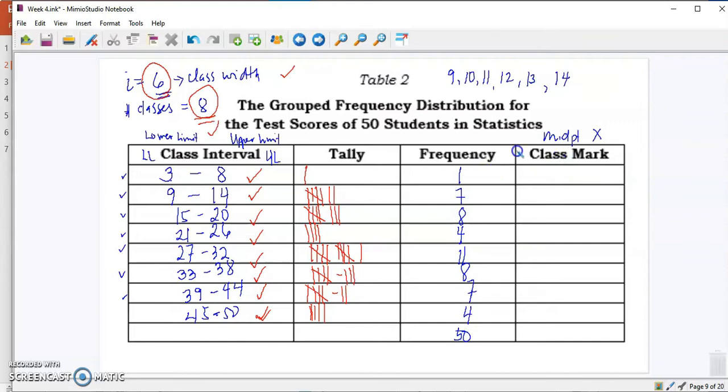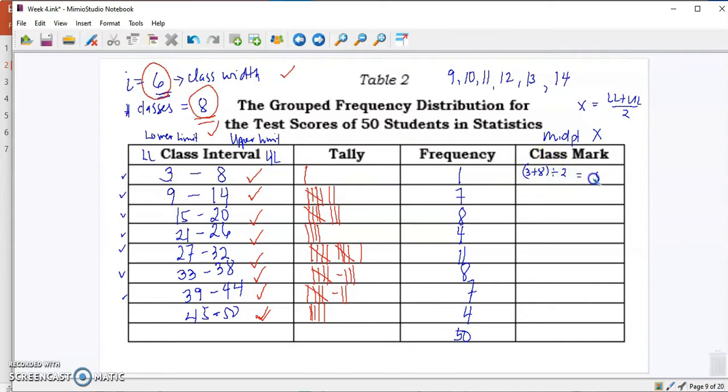Since it's the midpoint, we divide by 2 since we're adding the two numbers. So the class mark is the lower limit plus the upper limit divided by 2. Therefore, the class mark here is 3 plus 8 divided by 2.